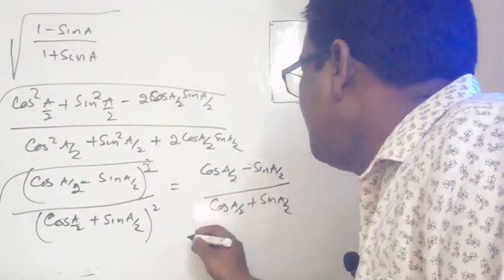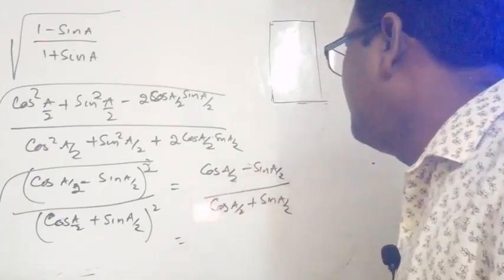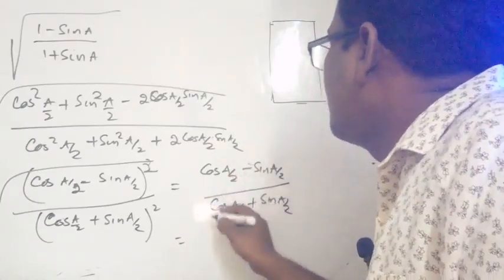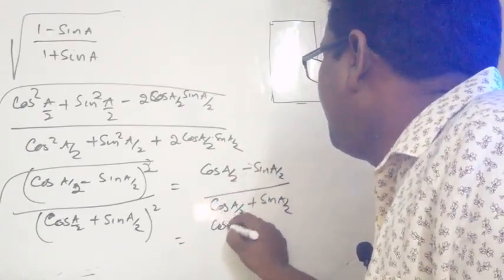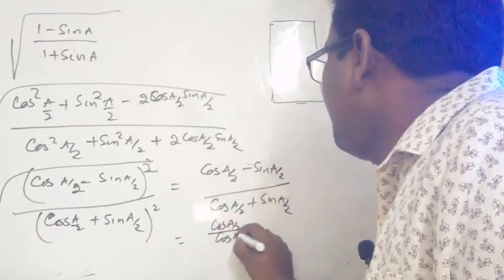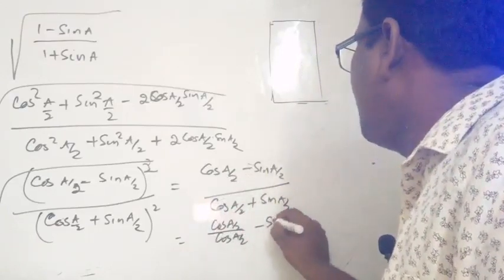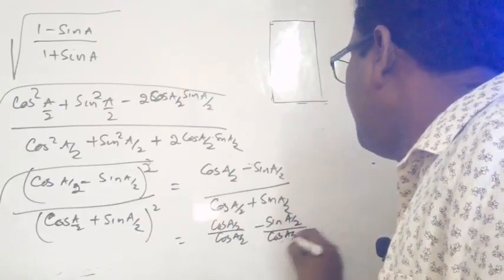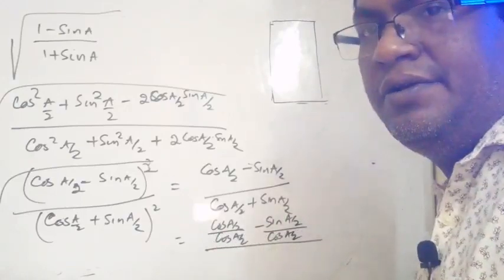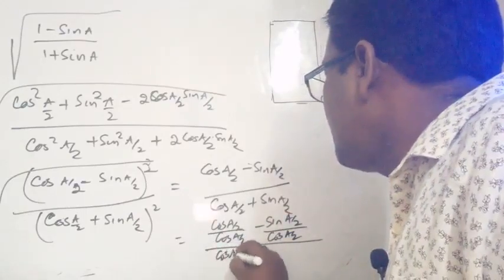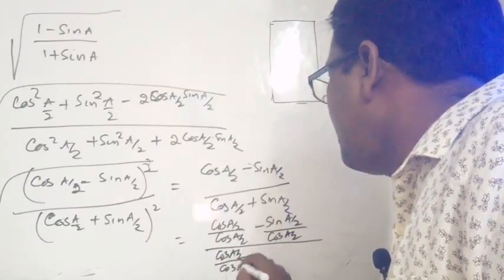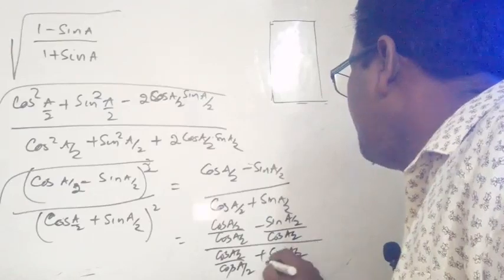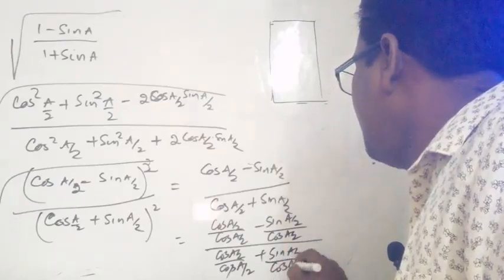Divide numerator and denominator by cos a by 2. So divide by cos a by 2: cos a by 2 by cos a by 2 minus sin a by 2 divided by cos a by 2, whole divided by cos a by 2 by cos a by 2 plus sin a by 2 divided by cos a by 2.